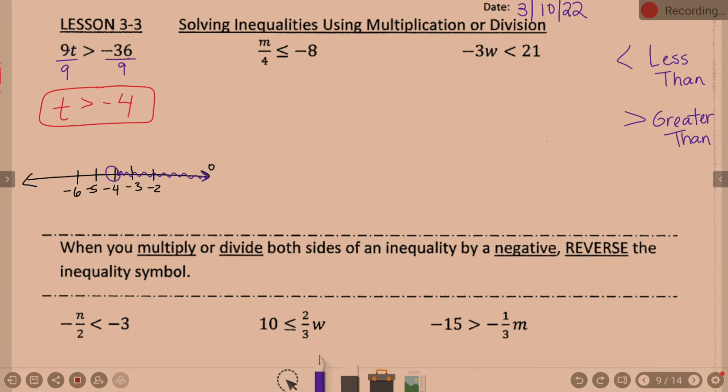If it said greater than or equal to or less than or equal to, then we'd fill the circle in. Yesterday's notes had this cheat sheet: less than and greater than is an open circle; less than or equal to, greater than or equal to is a filled in circle.